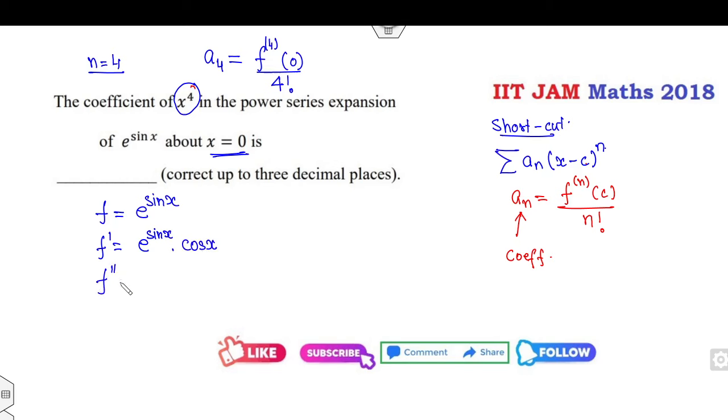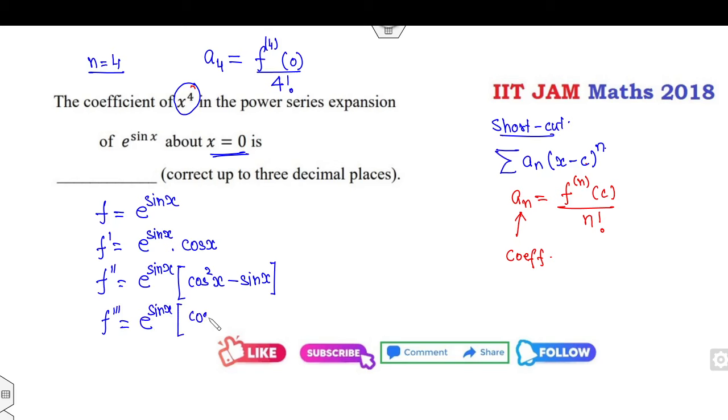What is the second derivative? I can use the product rule. If you apply the product rule, you will get this expression: e^{sin x} times cos squared x, plus the derivative of cos, which is minus sin x. Now for the third derivative, again it's a product rule. I can take e raised to power sin x as common.